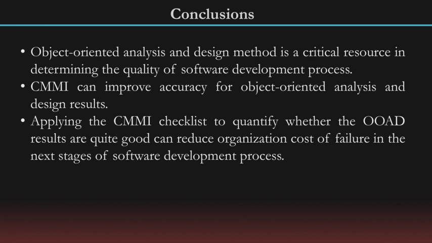And applying the CMMI checklist to quantify whether the object-oriented analysis and design results are quite good can reduce organizational cost or failure in the next stages of software development process.